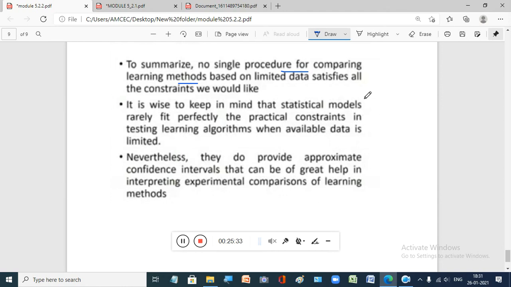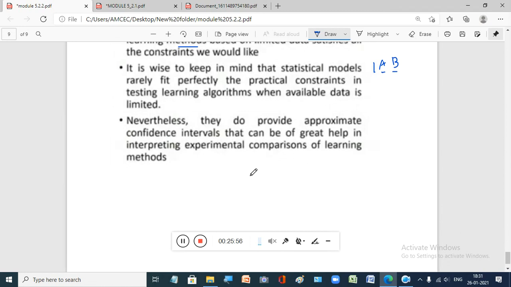It is very difficult in reality; practically we don't have any one method through which we can compare algorithms. Other methods are also available to compare, and we have to come up with one particular model. So this is about comparing the two.